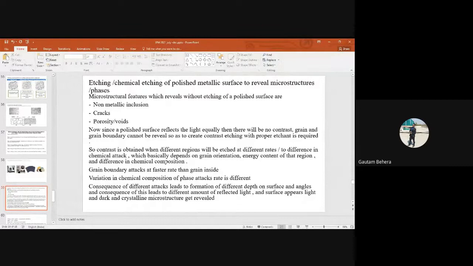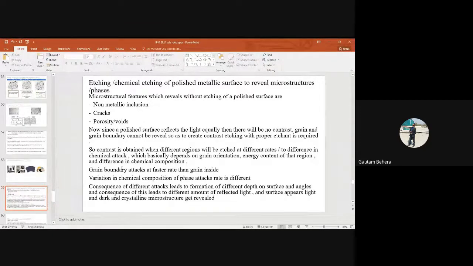And difference in chemical compositions. Different phases sometimes have different chemical compositions also. So due to these three reasons, the difference in grain orientations, the difference in energy of different regions, and the difference in chemical compositions, the attack by the acids and alkali will be different, right? So that leads to production of the contrast.